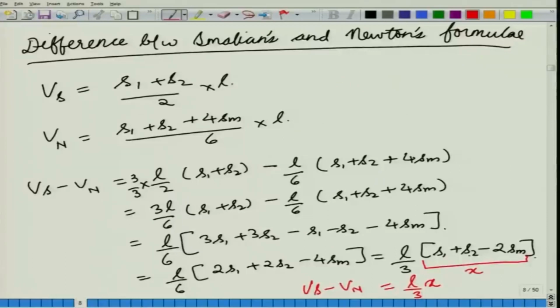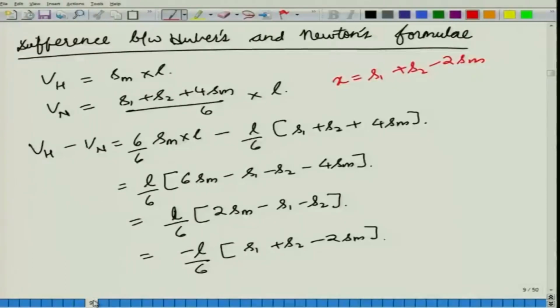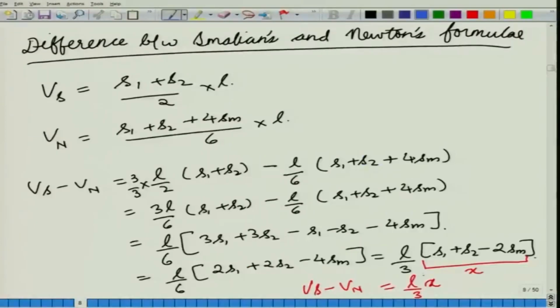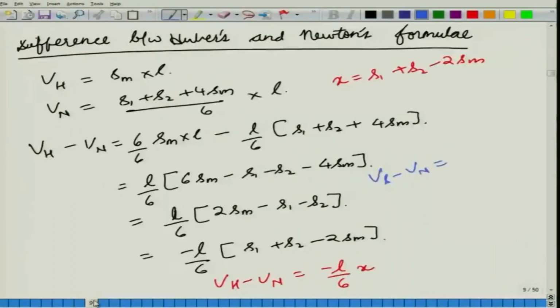So, putting it here, we have Vh minus Vn is minus L by 6 into x. So, what do we get here? Vs minus Vn is equal to Lx by 3, and Vh minus Vn is minus Lx by 6.